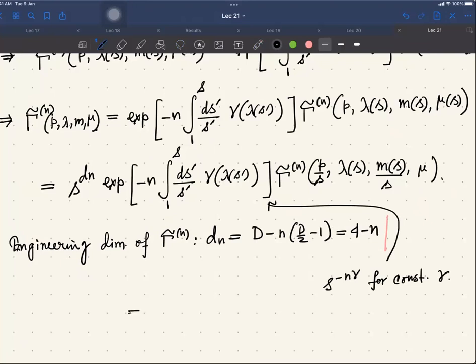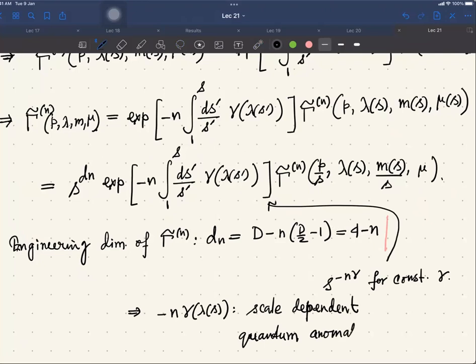And that means that minus n times gamma of lambda s is a scale dependent quantum anomalous dimension, because it is replacing dn by dn plus this additional contribution.